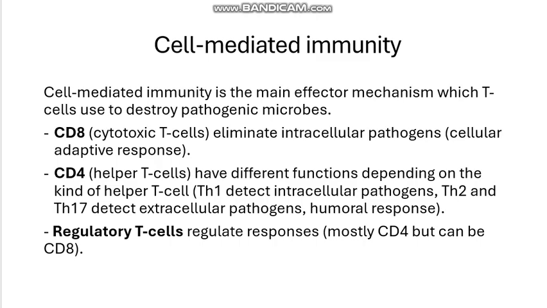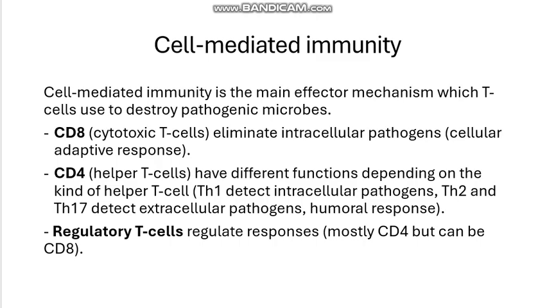The cytotoxic T cells, with their T cell receptor and CD8 co-receptor, eliminate intracellular pathogens detected on MHC class I molecules of antigen-presenting cells. Meanwhile, CD4, so helper T cells with the T cell receptor and CD4 co-receptor, have a different function depending on what kind of helper T cell it is. Th1 cells detect intracellular pathogens.